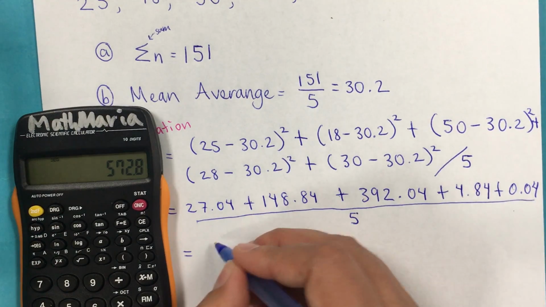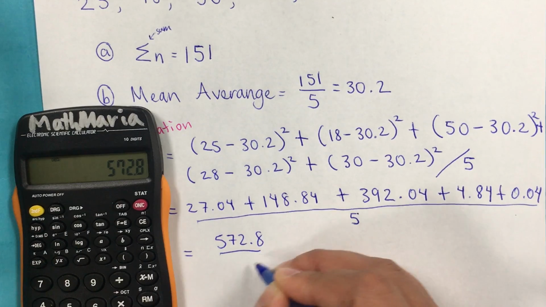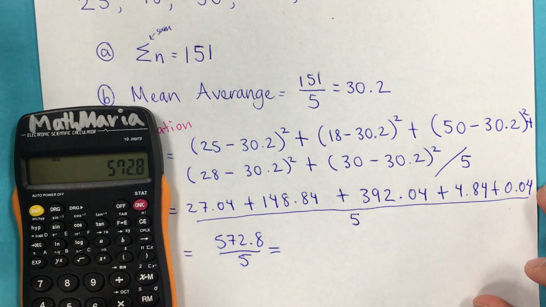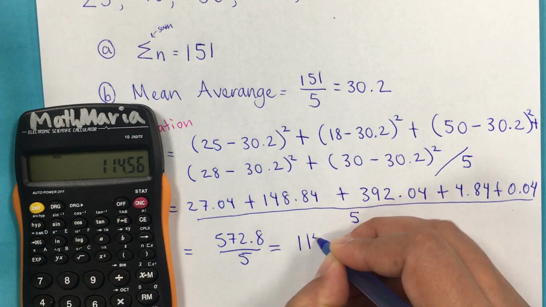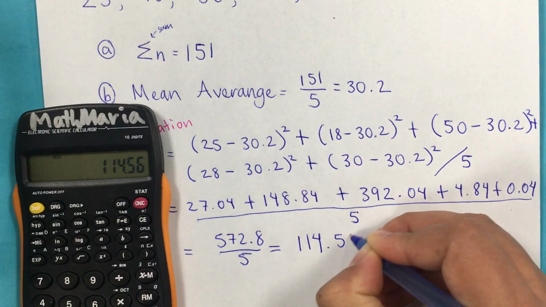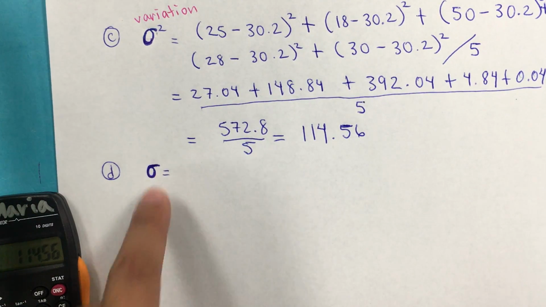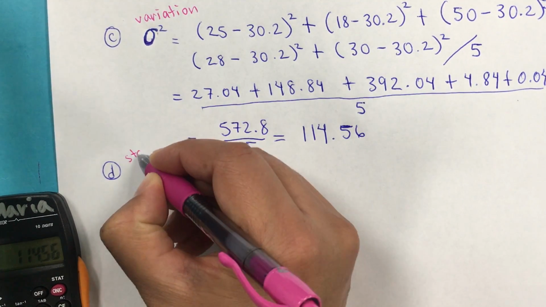And that gives us 572.8 divided by 5. Now we just divide by 5, and the answer is 114.56.